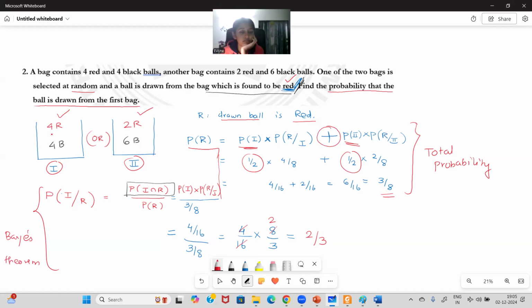Now, for the first part, I have to first select the first bag in order to take the red ball from the first bag, correct? Yes, sir. It's like I have to open the gate, then I should go into the door, right? So what am I doing? I'm selecting the first bag. So for that, the probability is what? 1/2.